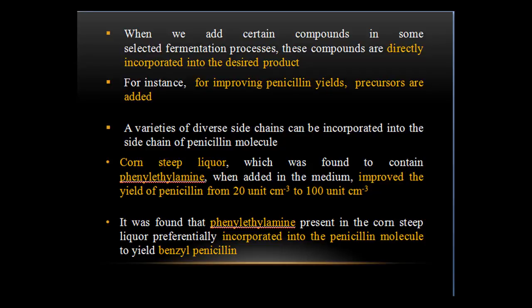precursors are added. A variety of diverse side chains can be incorporated into the side chain of the penicillin molecule. Corn steep liquor, which was found to contain phenylethylamine, when added in the medium, improved the yield of penicillin from 20 units to 100 units.